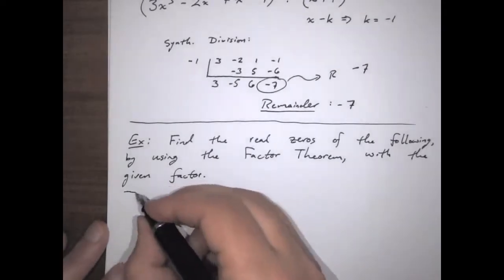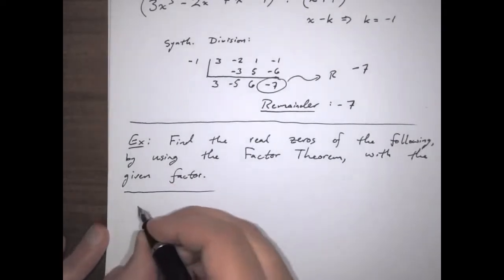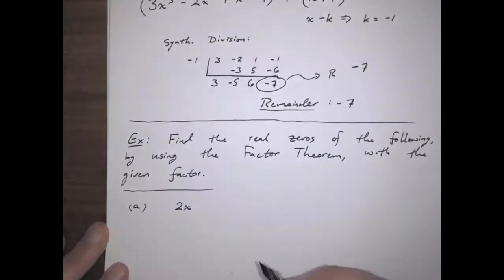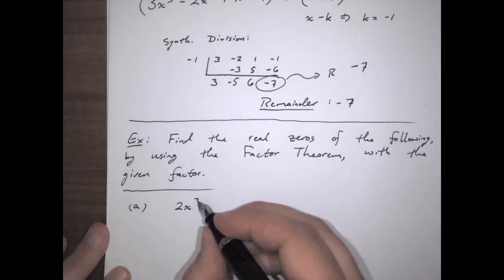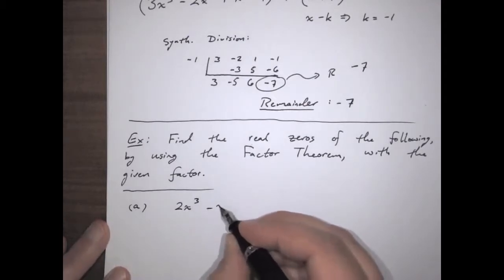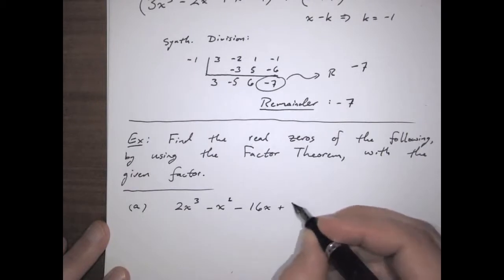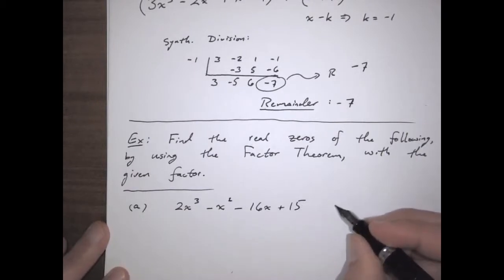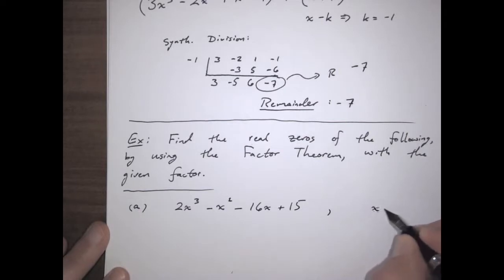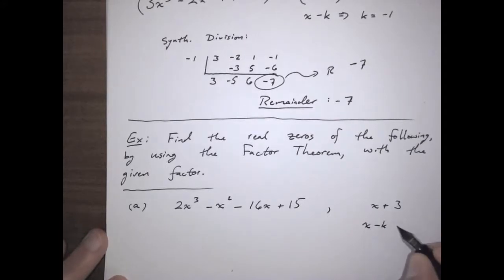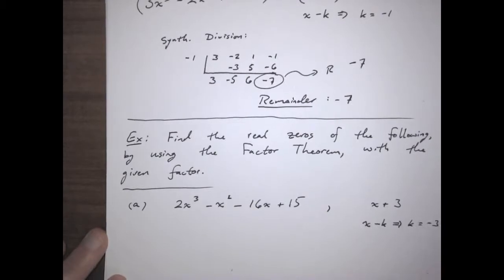Alright, so let's try the polynomial 2x cubed minus x squared minus 16x plus 15, and we'll be given the factor x plus 3. Okay, so if this is going to be x minus k, that implies that k is -3.